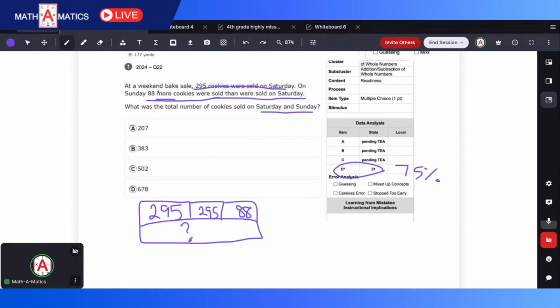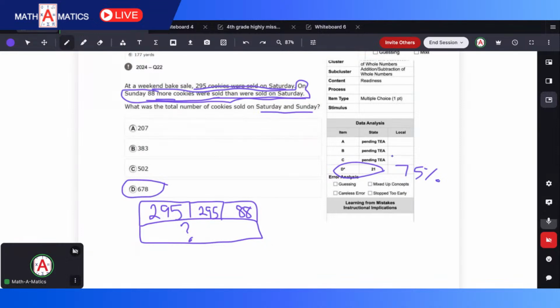And so this line right here is the concept that our students have to understand. When something says more, I have more to really get this test correct. And so then our students would add all of these 3 up, and that's how they would get 678.